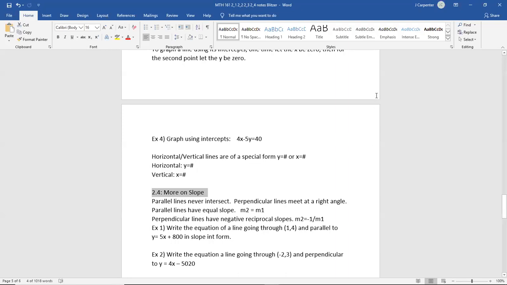So parallel lines are two lines that never intersect. Again, parallel lines are two lines that never intersect.